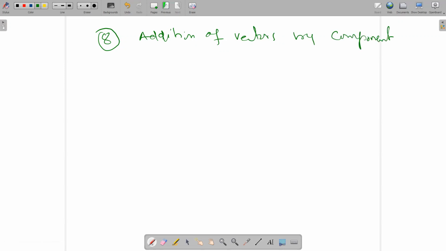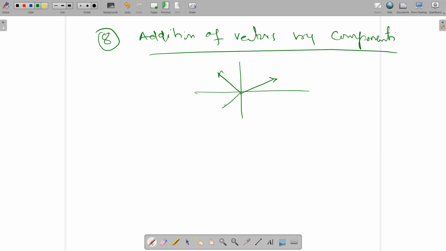We have studied this one. Okay. So in this case, similarly, suppose we have this vector and this vector and this vector, and we want to find the resultant of these 3 vectors or 4 vectors by the components method. Then what will we do?